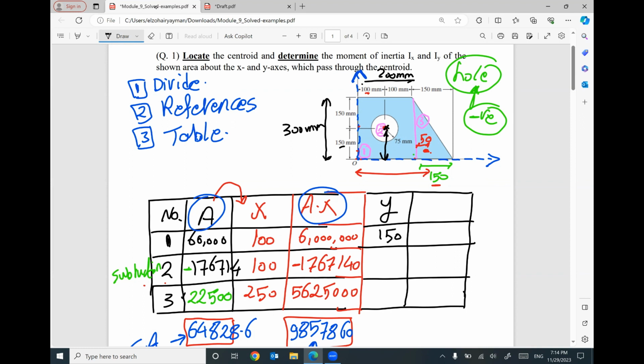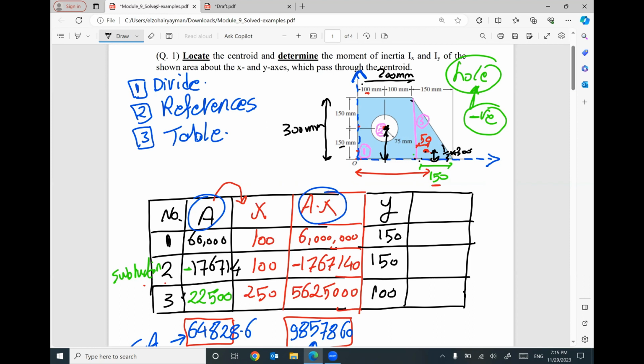What is the Y distance from the centroid of the circle, at the same location, and the horizontal reference? It's also 150. What is the vertical distance between the centroid of the right angle triangle and the horizontal reference? I think this height will be 1/3 of 300. The total height is 300, so 1/3 of 300 will be 100.